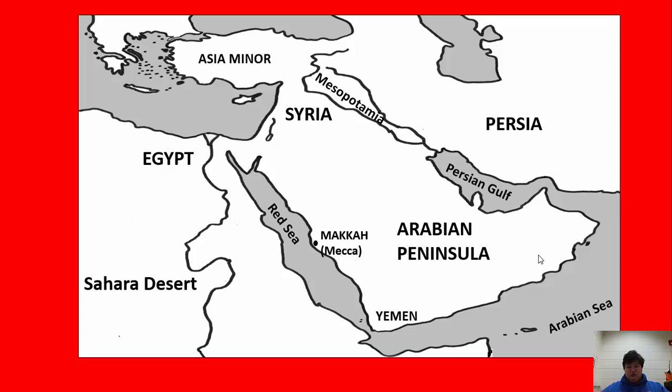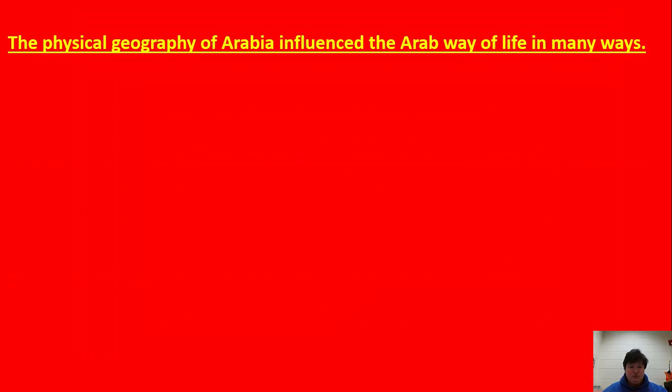Now let's go on to filling in our active foldable part. In the middle of your little foldable, it says the physical geography of Arabia influenced the Arab way of life in many ways. Now, if you look at your map, you can see that the Arabian Peninsula has a body of water on either side of it.